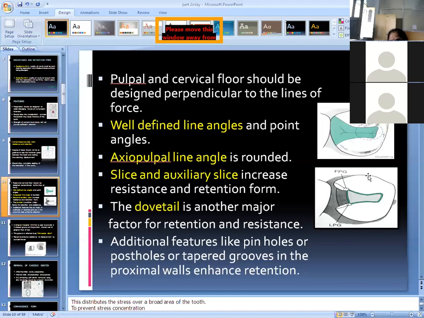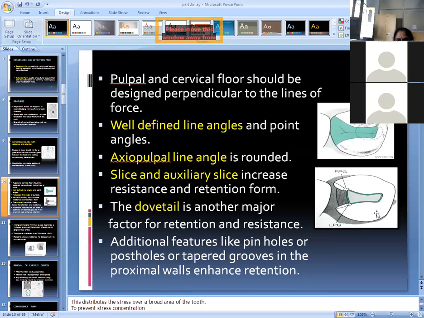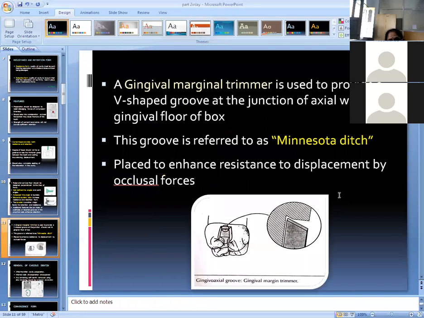It is the same as for the amalgam. Dovetail is the major factor for retention and resistance. If you need any additional retention, a pin restoration or any prosthesis given at the cervical floor will provide additional retention for the inlays.